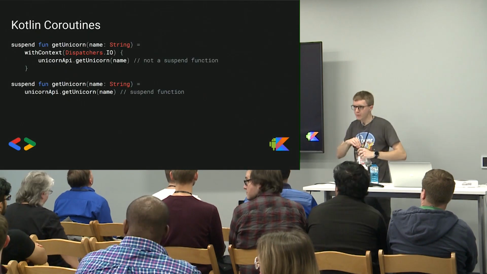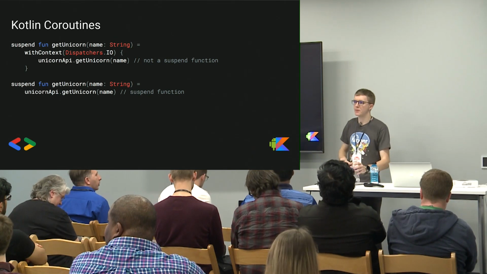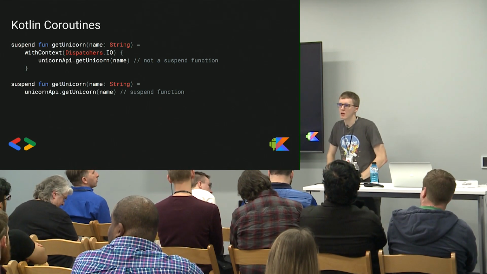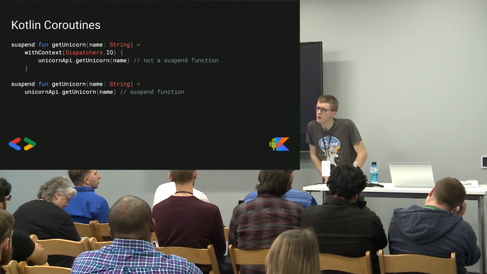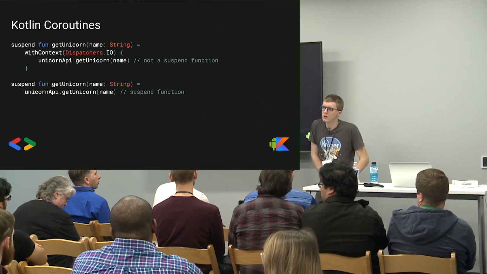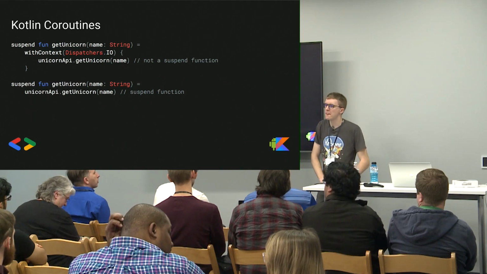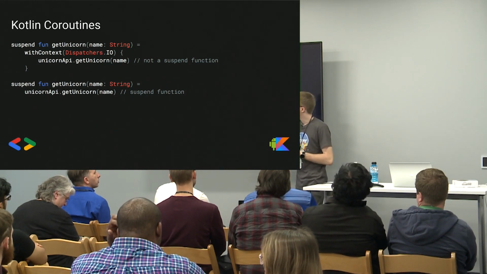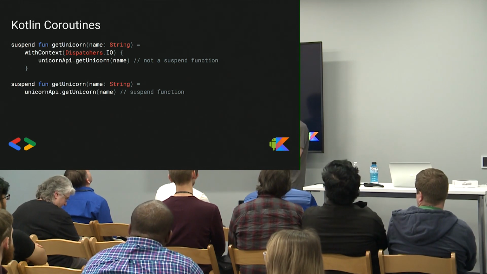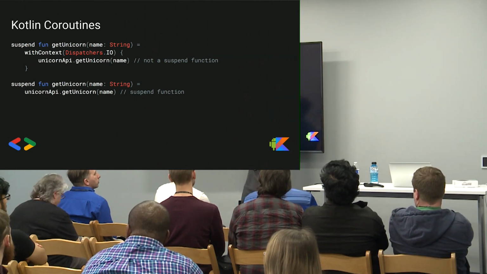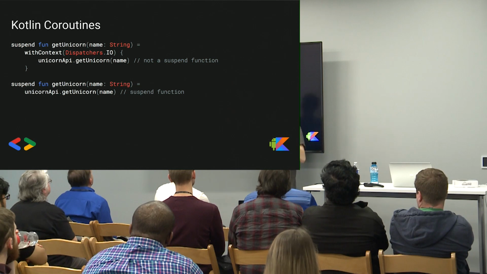So this type of suspend function, is it just a one-off so you can't monitor it and poll for it to see if it's completed? Say that one more time. For this type of suspend function, is it just a one-off thing so you're not meant to keep a reference to it to cancel it, or do you have to have a different return? So that's the whole thing with coroutines: just by marking your function with suspend, it's already context aware.